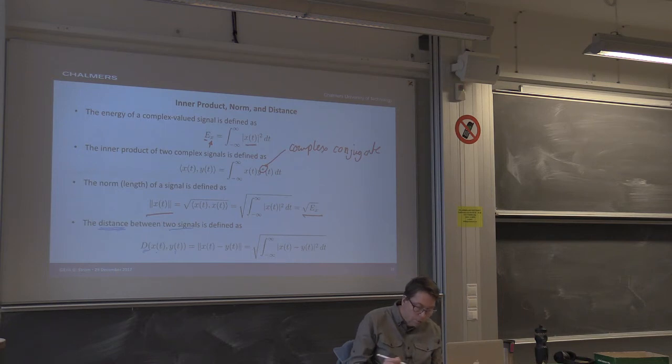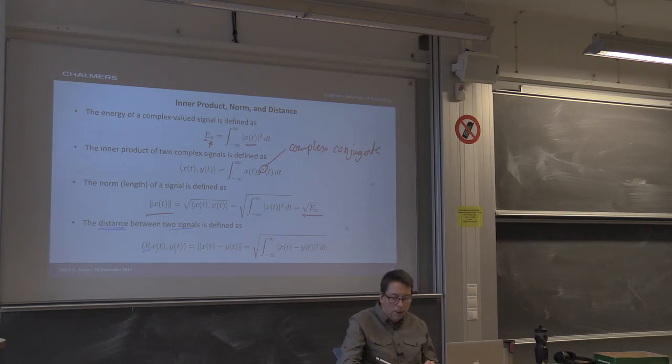For instance, you are familiar with this. If we have 2 points, and now we have a vector representing this point and this point, so these are two-dimensional vectors, and suppose we have the origin here.